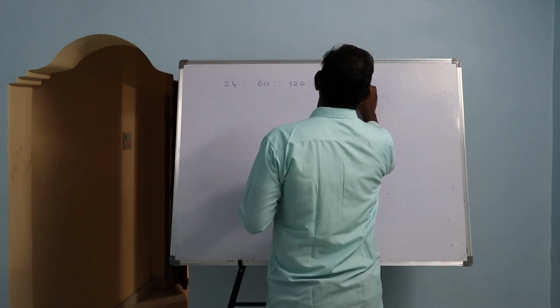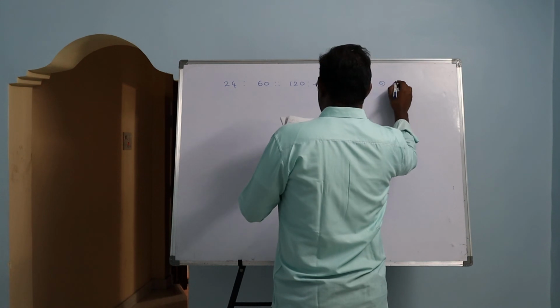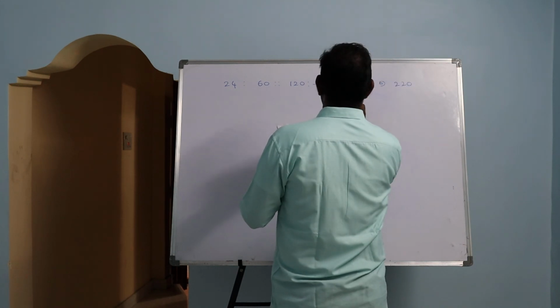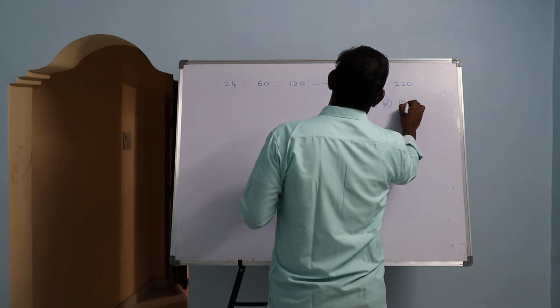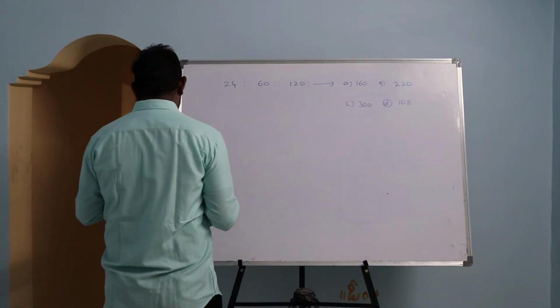Option A 160. Option B 220. Option C 300. Option D 108. Next one.